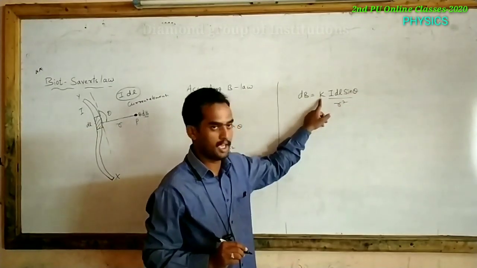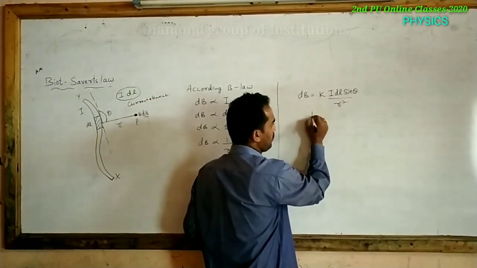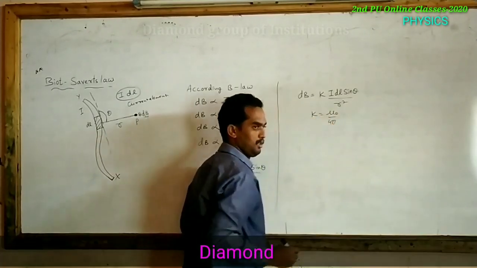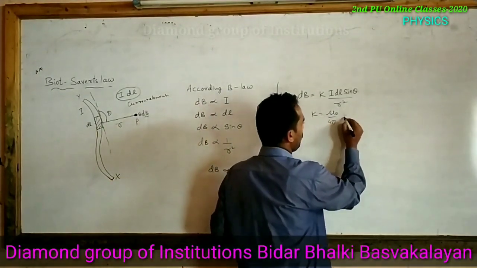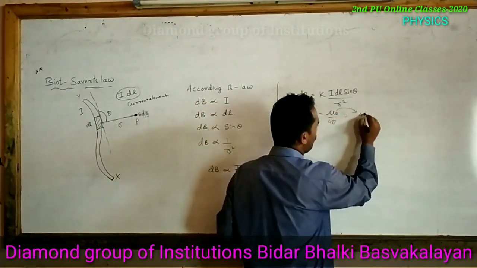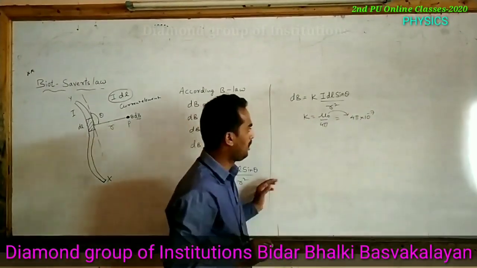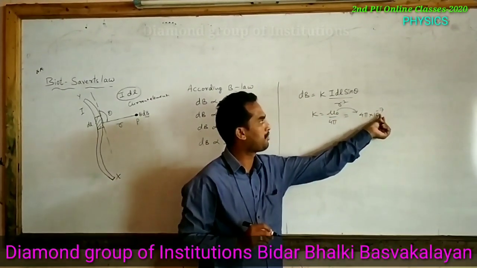In free space, the value of k is mu naught divided by 4 pi. And what is the value of mu naught? 4 pi into 10 to the power of minus 7.